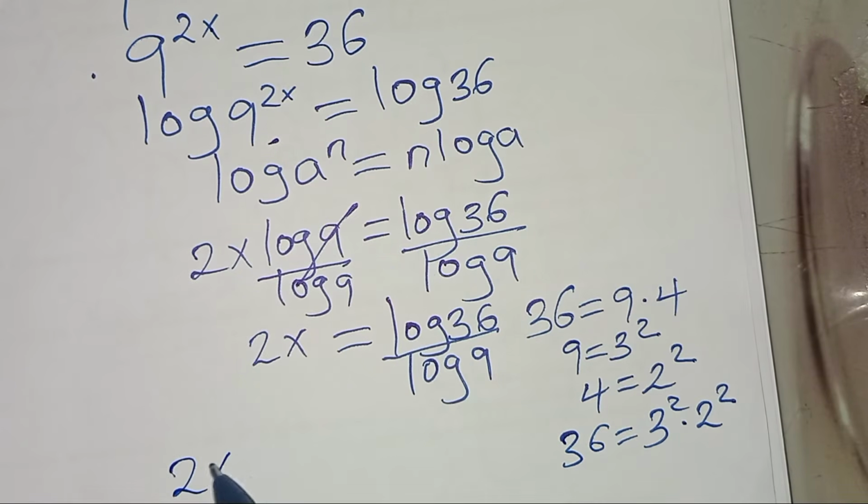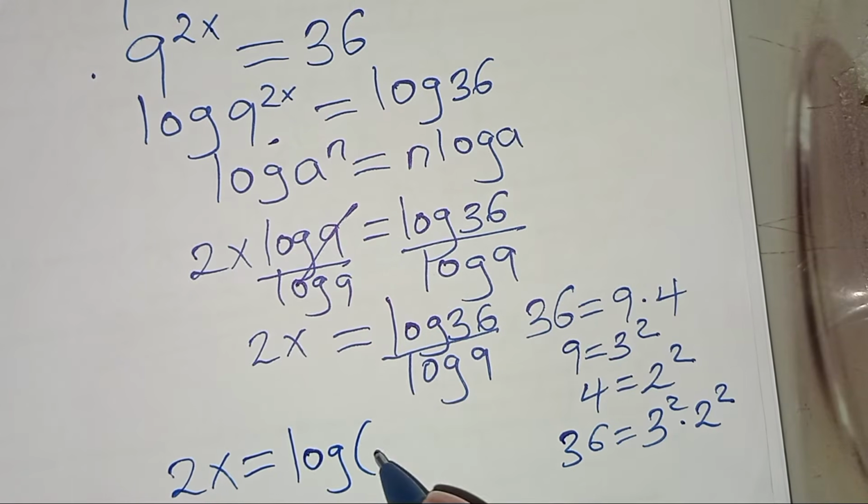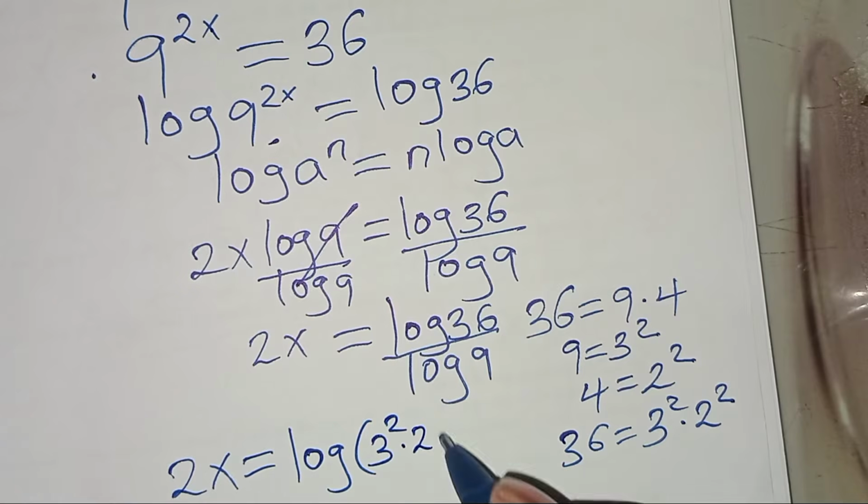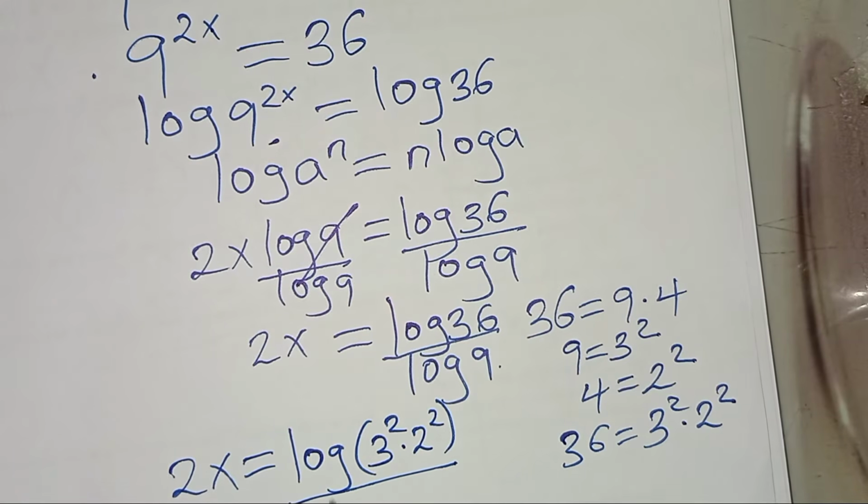Now we'll have 2x. This is equal to log 3 squared multiplied by 2 squared divided by log 9, which is actually log 3 to the power 2. Okay, so now let's simplify this further. We'll have 2x. This is equal to log.